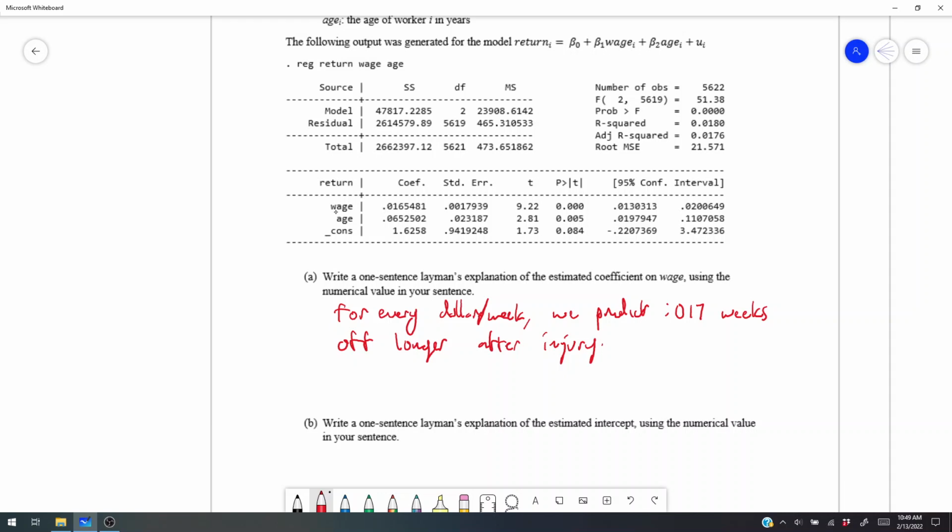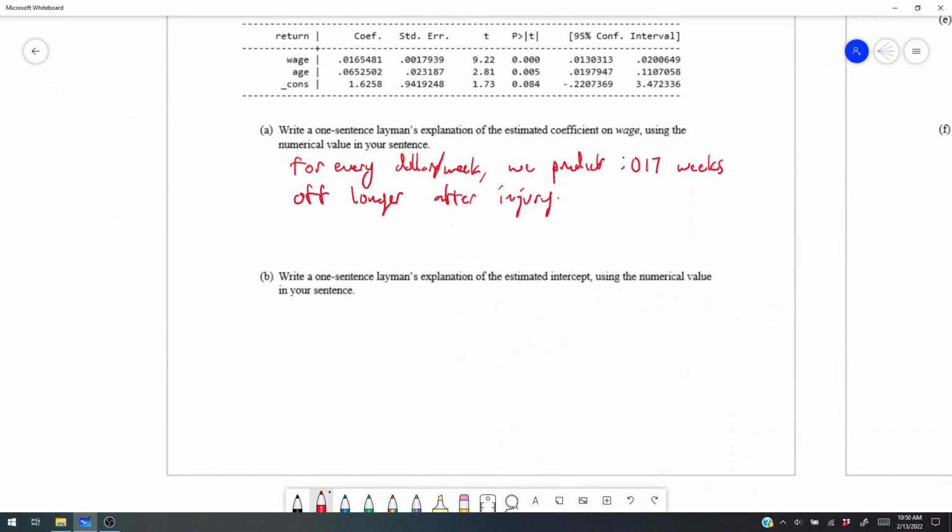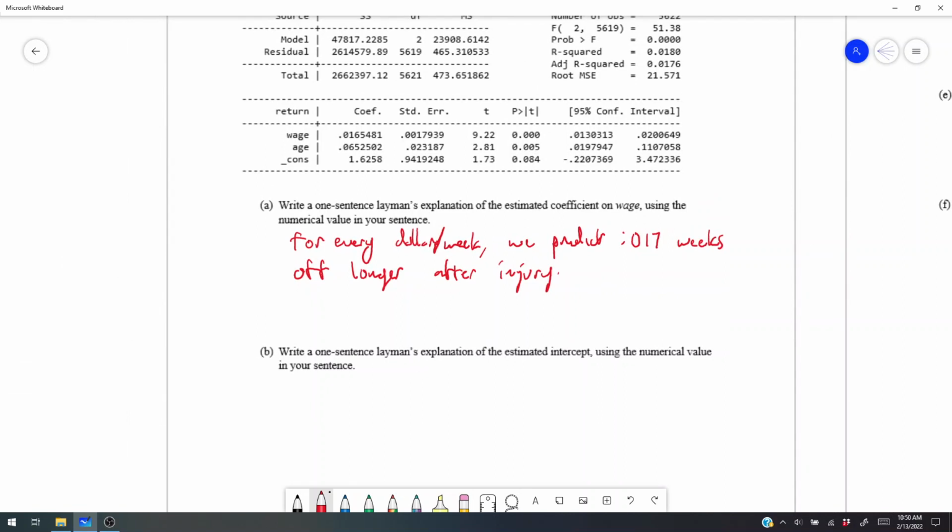If I increase someone's weekly wages by $1, and they get injured, I expect them to be out of commission this much longer on average. Write a one sentence layman's explanation of the estimated intercept using the numerical value in your sentence. Well, if everything else is 0, wait a minute, what did I miss in part A? You get this back and it says -5, lose 5 points.